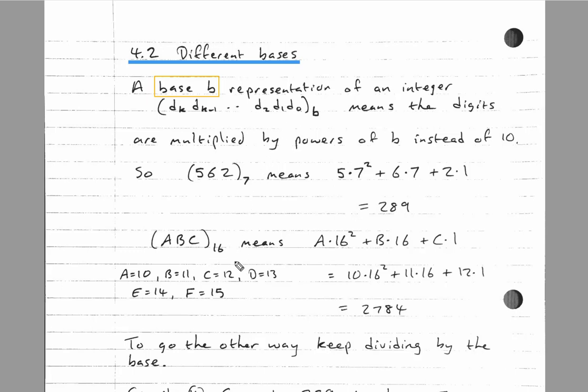This is the hexadecimal system, base 16, but it's the same idea as base 7: C ones, B 16s, A 16 squareds, where C is 12, B is 11, and A is 10. So the hexadecimal ABC in regular numbers is 2,784.